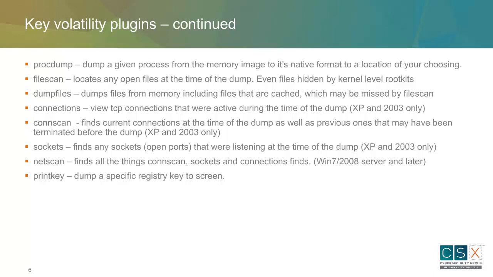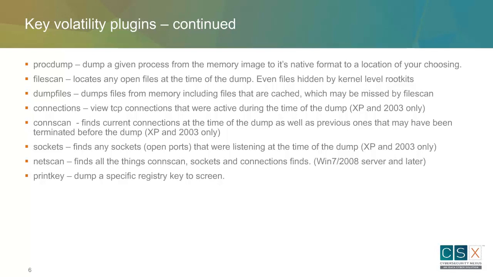There's also the Print Key plugin, which dumps specific registry keys to the screen so that you can see what happened to be in that registry key at the time of the dump. And again, there's a lot of threat-based relevance there when you look at what's happening in the registry on a system.